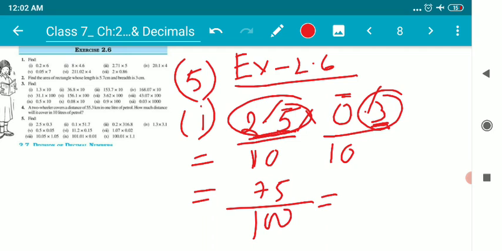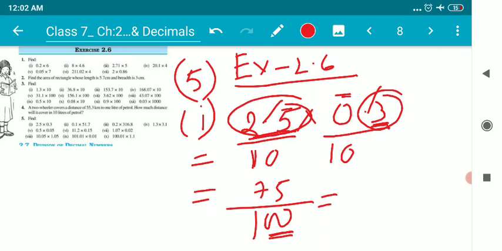Children, now we know how to place the point on a number. It's applicable for 10, 100, 1000, 10,000, 1 lakh for such cases. As there are two zeros, the point will appear on the numerator just 2 digits from the right hand side.